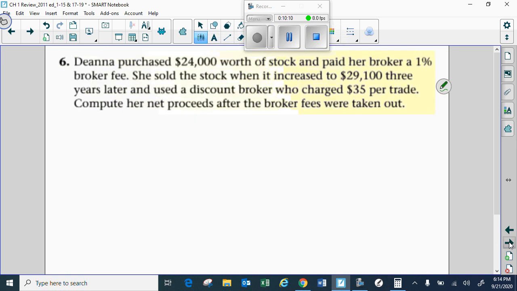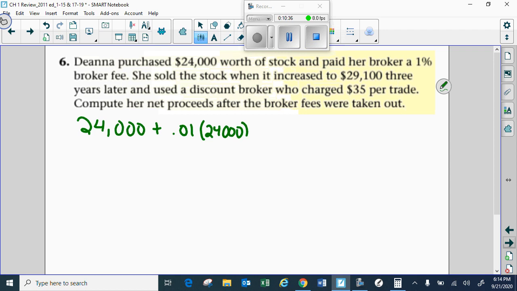Number 6. Deanna purchased $24,000 worth of stock and paid her broker a 1% broker fee. She sold the stock when it increased to $29,100, 3 years later, and used a discount broker who charged $35 per trade. Compute the net proceeds after the broker fees were taken out. So 24,000 plus 1% of 24,000.